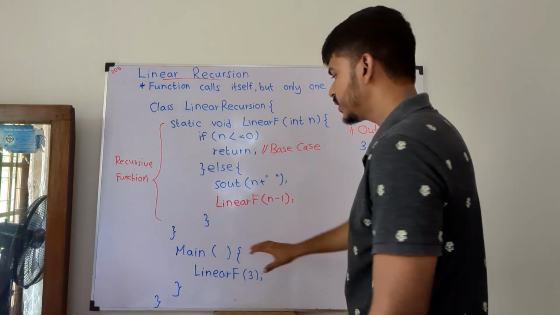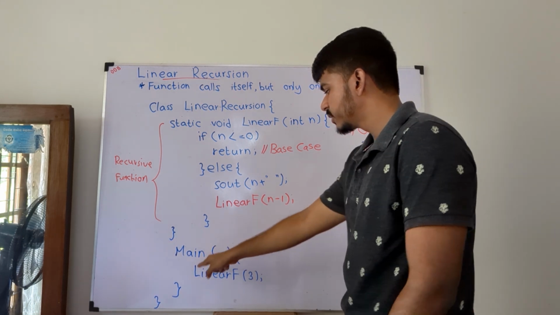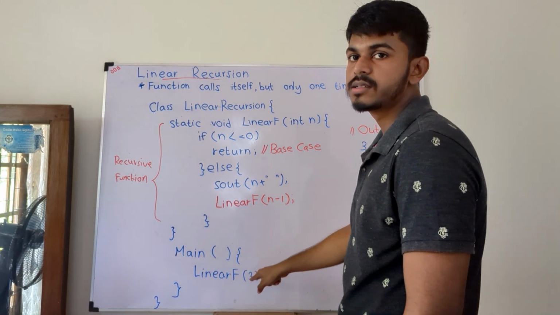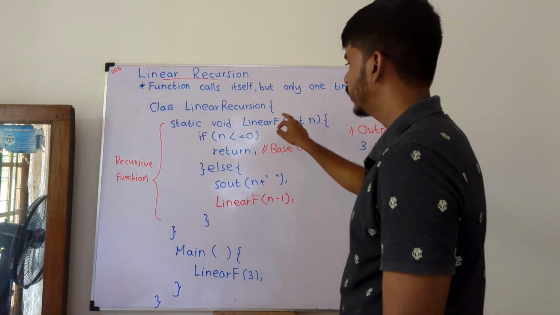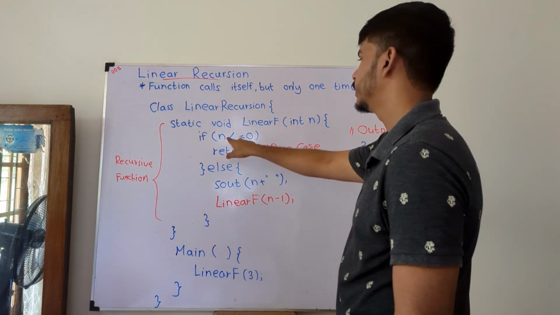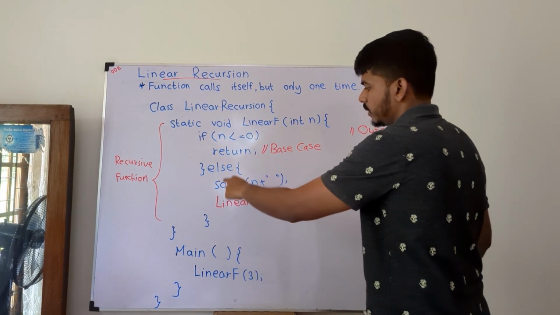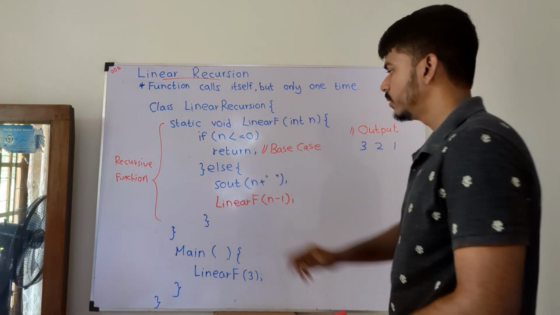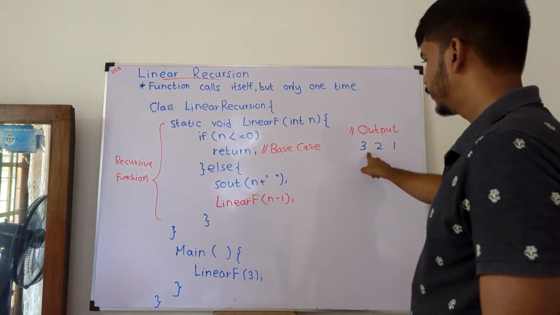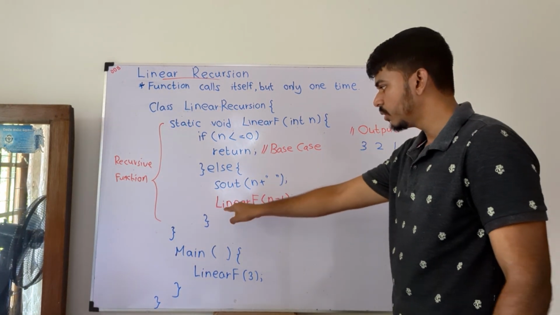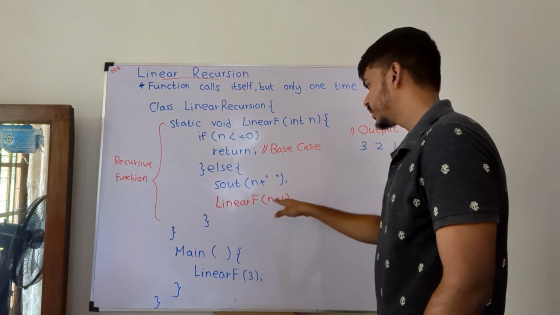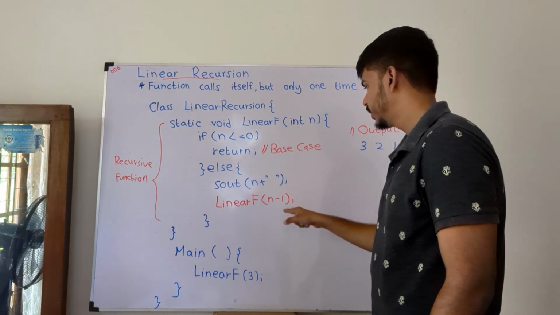So what this function does, first it's going to take integer 3 as an argument, then checks whether integer 3 is less than or equals 0. If not, going to print the statement, we're going to print the number here, first 3, then going to call the function itself by subtracting 1 from the number we inputted.